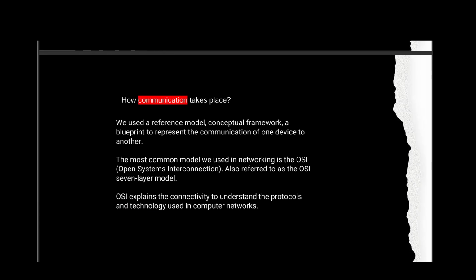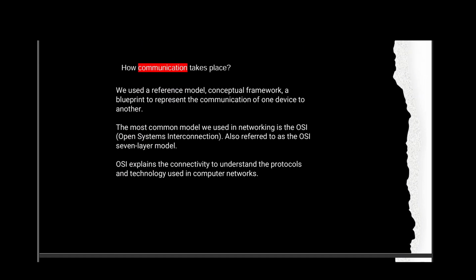Now, in the IT industry or in network, there's this concept, the OSI model. It's a reference model, a framework. OSI stands for Open Systems Interconnection. Even when I was just starting my career, the OSI model was always used to explain connectivity from one end to another. But please take note that OSI is more on theory.